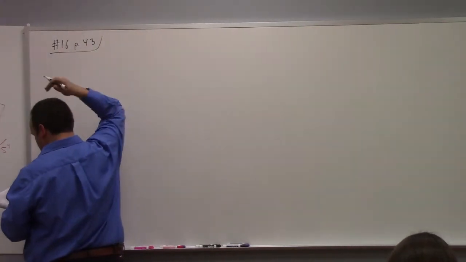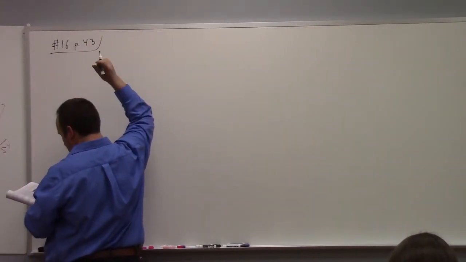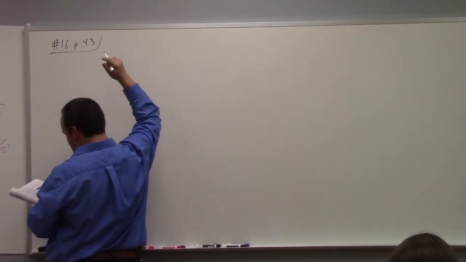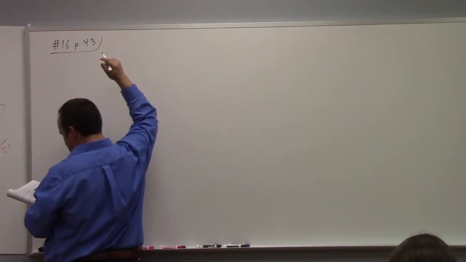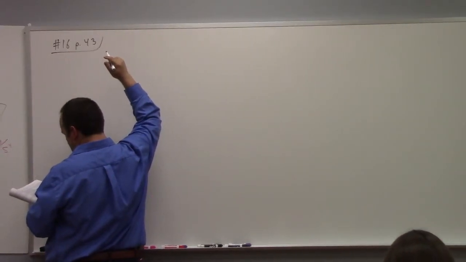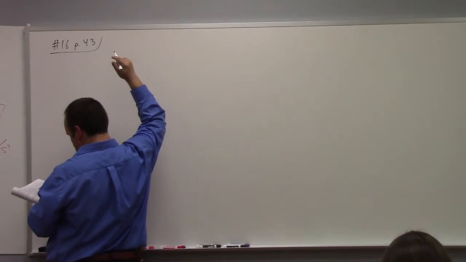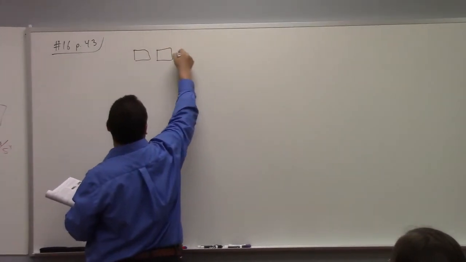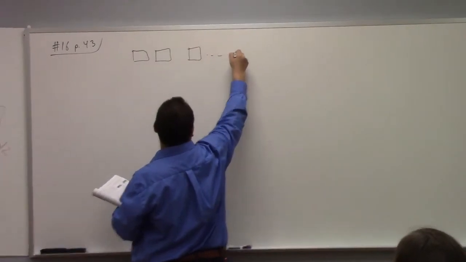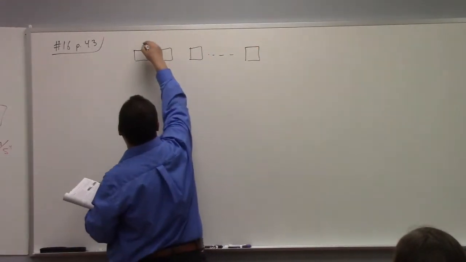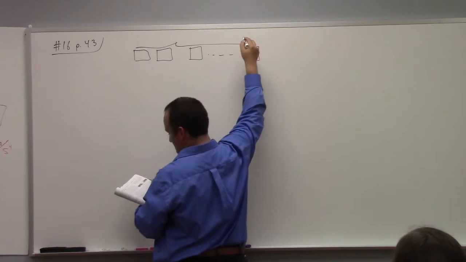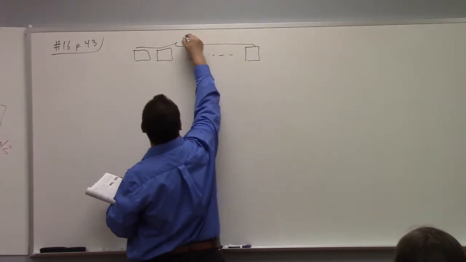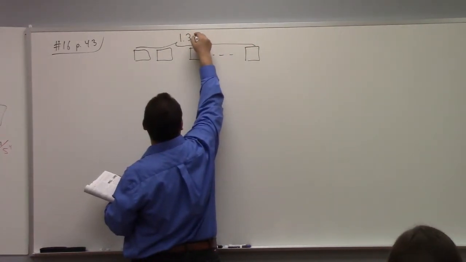So here we have an automobile traveling 95 kilometers per hour that overtakes a 1.3 kilometer long train traveling in the same direction on a track parallel to the road. All right, so here's a picture. Train, train, train, train. And this is a very long train. How long is it? Yeah, 1.3 kilometers. That's a pretty long train.